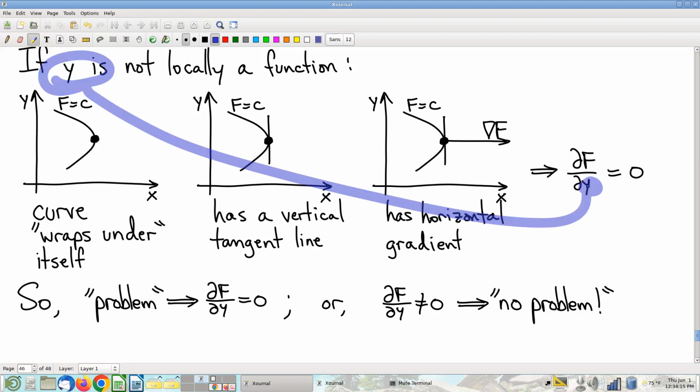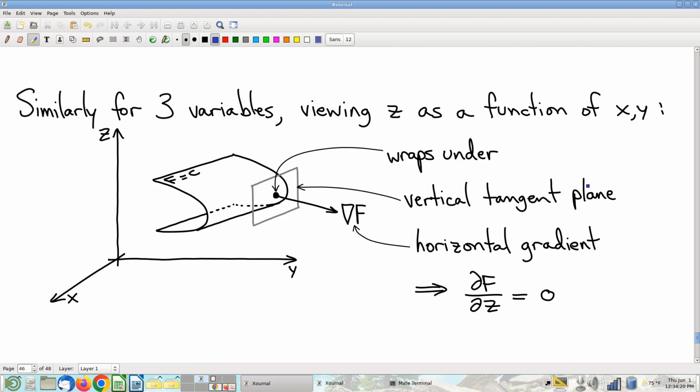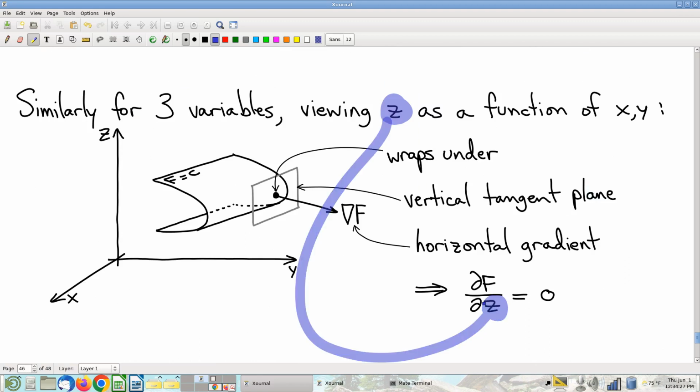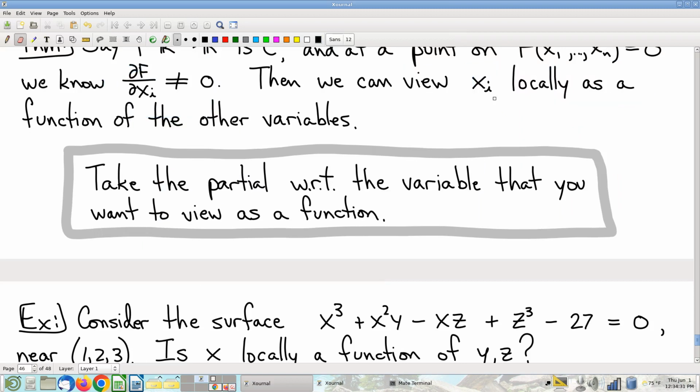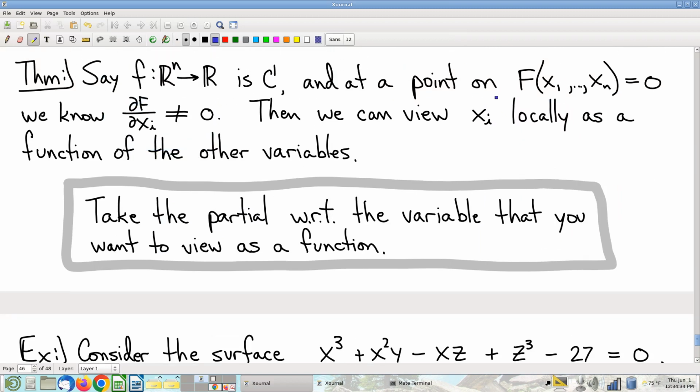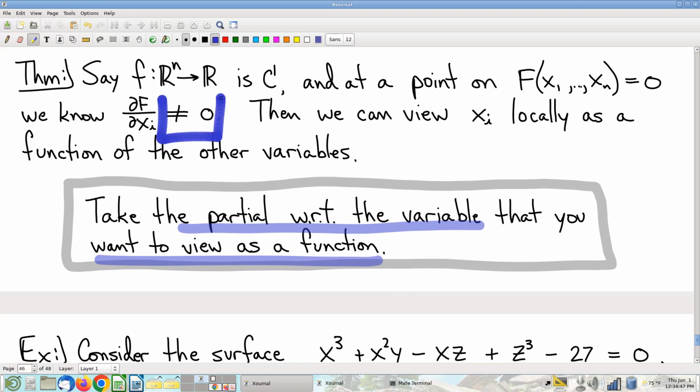It's arbitrated by what the value of the y partial is. Here, we wanted to know if z was a function, arbitrated by the z partial. So the general rule, always, if you're trying to decide if one of the variables can be viewed as a function of the others, take the partial with respect to the variable that you want to view as a function. Nice, simple, pithy little rule, and of course, make sure that it's not 0.